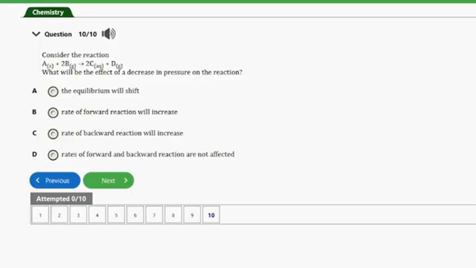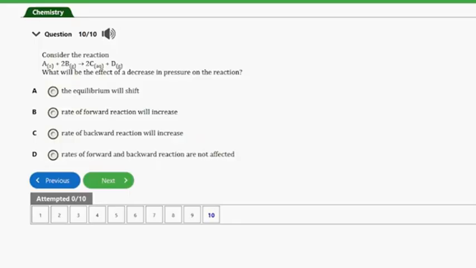The rates of backward reaction will increase if the pressure is decreased in this reaction. So according to Le Chatelier's principle, if a dynamic equilibrium is disturbed by changing the conditions, the position of equilibrium moves to counteract the change. So guys, in this case, the reaction has more moles of gas in the reactant side.